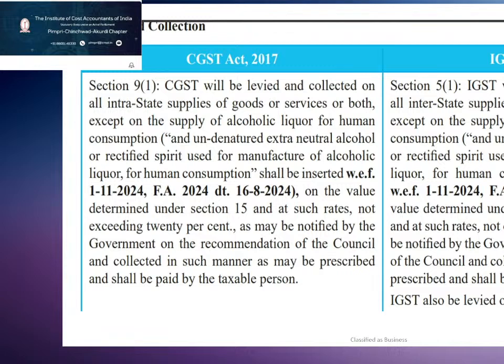So next, if it is related to services, you need to remember all these services. Now we are into supply of services by the members of overseeing committee to RBI. It is related to RBI, so the RBI has to pay the GST. There is a separate committee formed by the RBI, the overseeing committee.